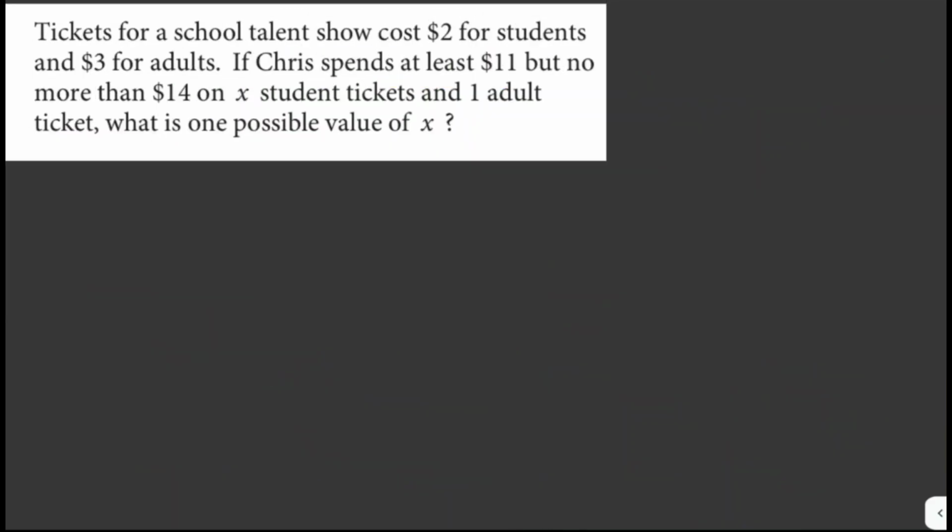Another problem here. Tickets for a school talent show cost $2 for students and $3 for adults. If Chris spends at least $11 but no more than $14 on X student tickets and one adult ticket, what is one possible value of X?